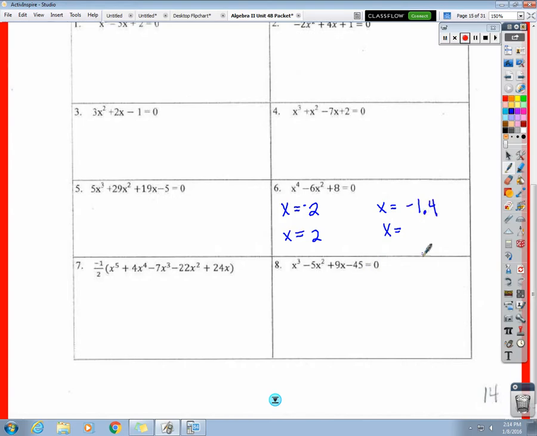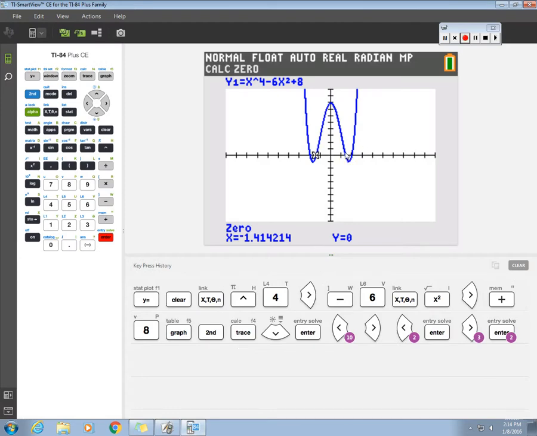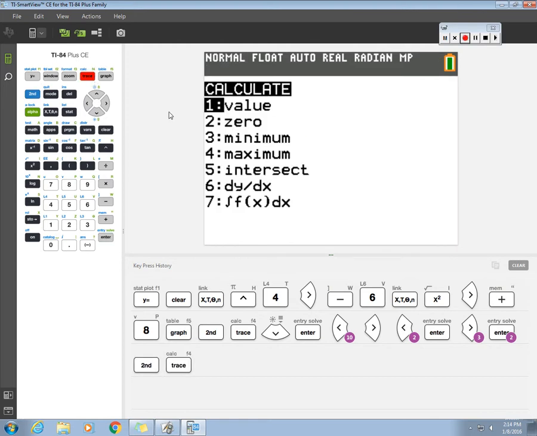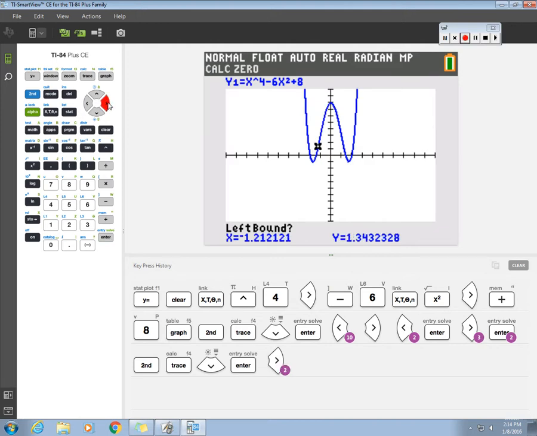But remember, we have one more, and you're going to find it the same way. It's located right here. You have to do second trace again. Second trace 0. Move all the way over. Okay, so right now I'm sitting on the intersection.